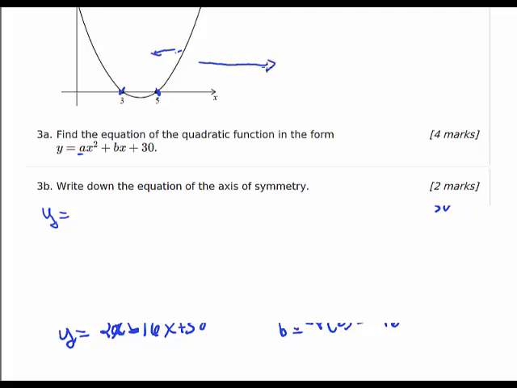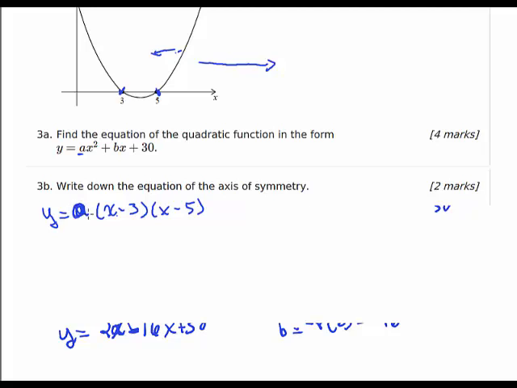But we do know that we have these roots of 3 and 5, and because they're positive, in parentheses they're negative. And because I know these two roots, I know how this factorizes. But there is the coefficient of a, which determines whether it's wide or narrow.